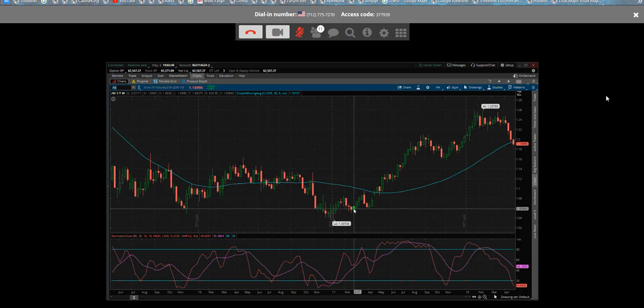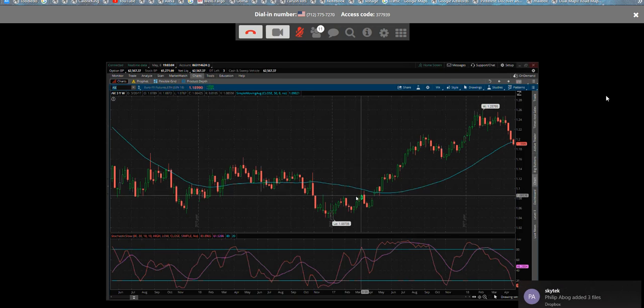So it traveled from the highest point here, number 1, down to the lowest point here, that's number 2. It traveled 346 points. So then we come up to the number 3 point. By the way, the 3 point is always higher than the 1. So here's the highest point of this candle here is 949.